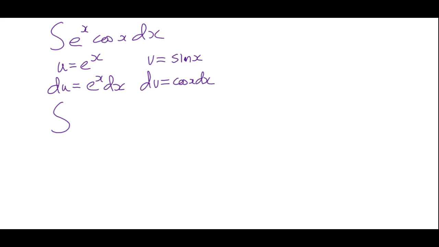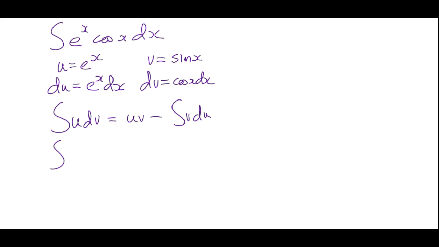Okay, let's write the formula out. If you're more comfortable, you can use the f's and the g's, right? F and g prime. So either one. You're just gonna write this as fg prime is fg minus integral of gf prime. Either formula is on your formula sheet. Me, I like using these.